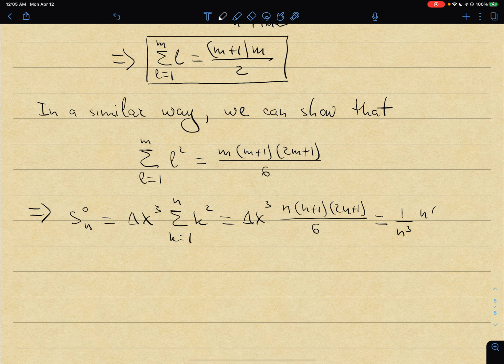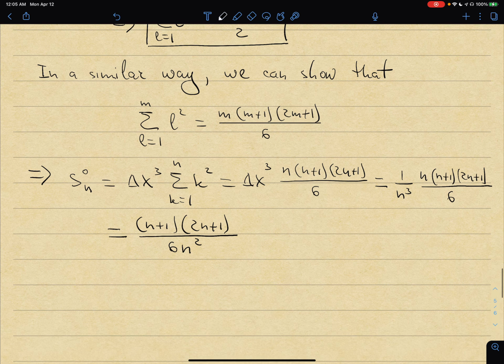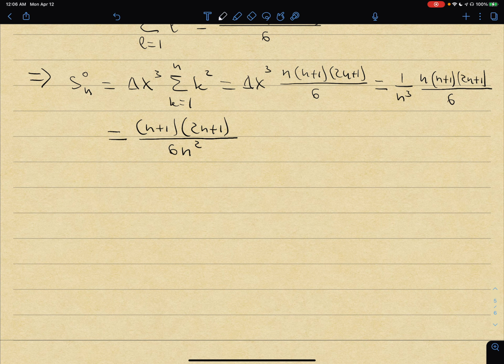Times n plus 1 times 2n plus 1 over 6. And I can simplify this a little bit by getting rid of n. So this should be n plus 1 times 2n plus 1 divided by 6 times n squared. Okay? So this is my overestimation.